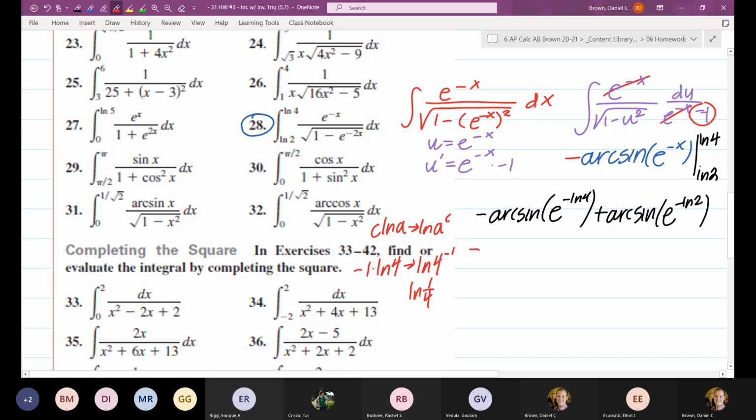So I can rewrite this problem with some fractions. That one becomes the natural log of 1/4 in the exponent, and the second one becomes the natural log of 1/2. Once the e and the natural logs are touching, since they are inverses, they cancel each other out.